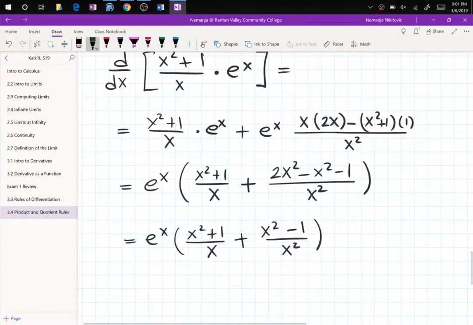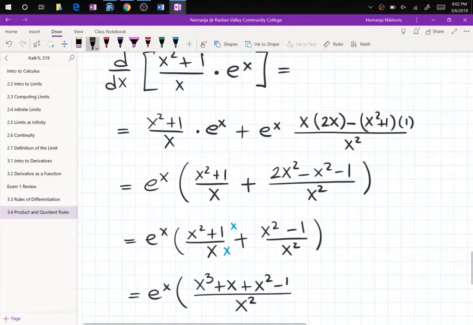Technically, you could leave it, but don't. Common denominator of x. So we are going to hit the first fraction with the multiply by x, e to the x. Common denominator is x squared. We have x cubed plus x squared minus 1.